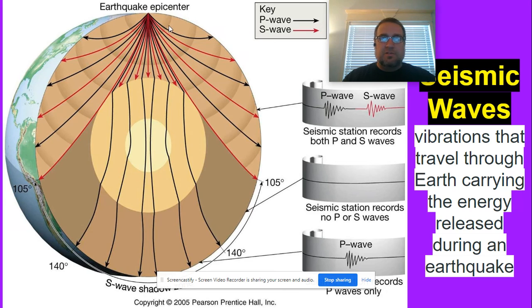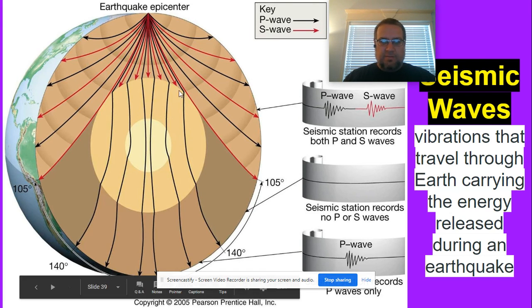We can then use math to calculate where it is, and we know how thick these layers are and what they're made out of because of how these waves move. Because these energy waves are going to move in straight lines, but when they go through something different, they're going to turn. So this is one of the reasons we know what the core, outer core, and mantle are made of, because those waves will turn and let us see things.